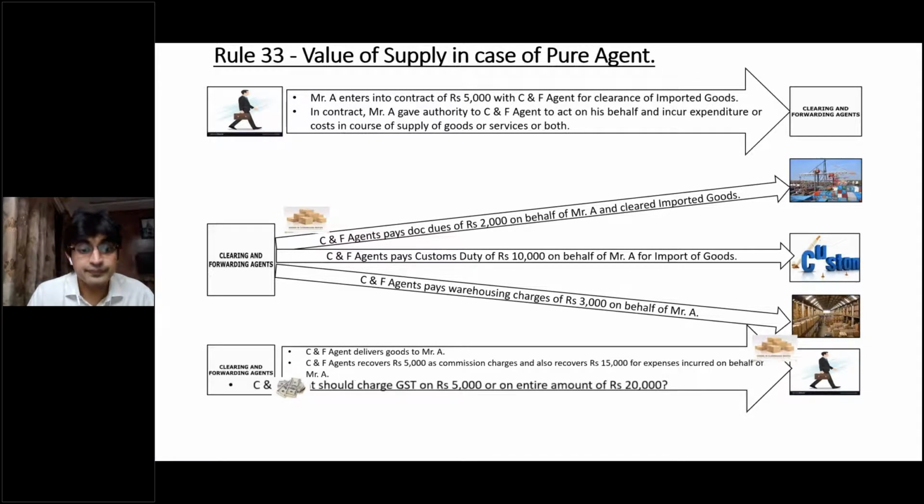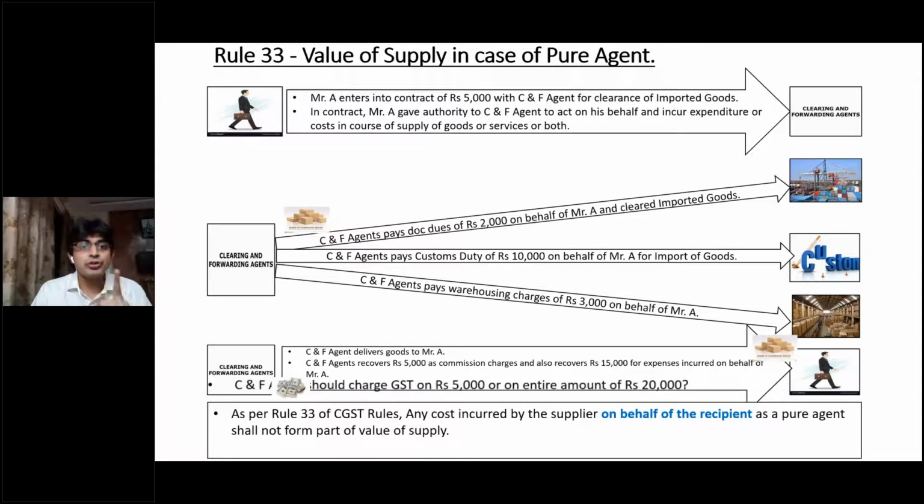Answer is, see this is a query. As per Rule 33, any cost incurred by the supplier, that is the pure agent, on behalf of the recipient as a pure agent shall not form part of the value of supply. See this in the question itself. In the contract, Mr. A gave authority to the agent to act on his behalf and incur expenditure on his behalf.